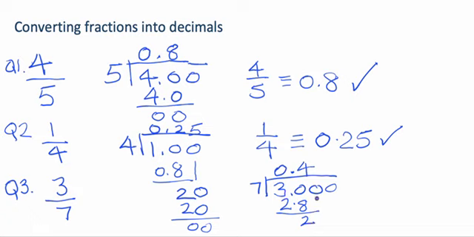I think I'm going to run out of space here. Then you bring down the 0. How many times does 7 go into 20? So that's twice. That's 14. And then 20 minus 14 is 6. I'm going to put the 6 up here only because I've run out of room. So now you say, how many times does 7 go into 60? And the answer is 8.